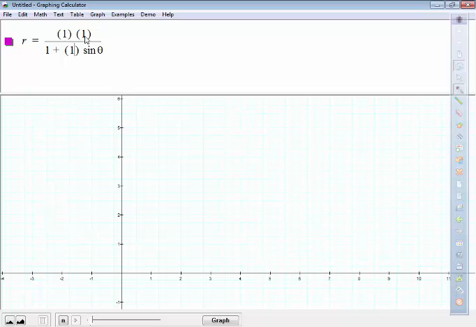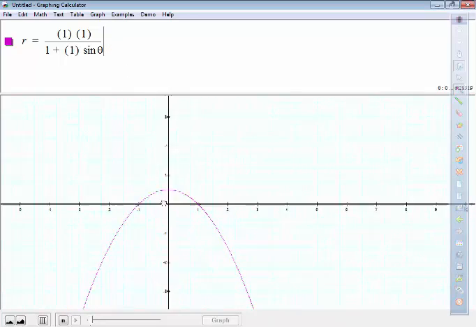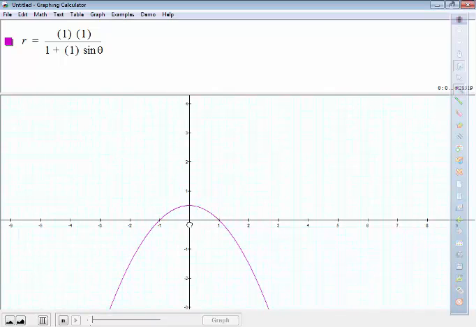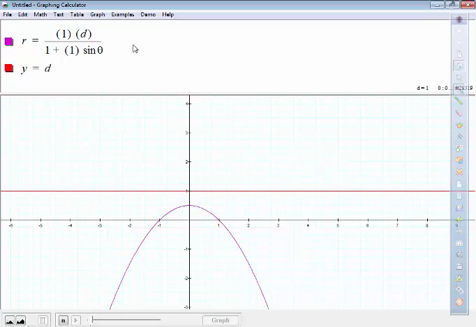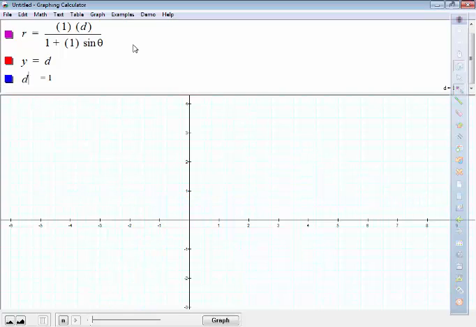It's e times d, and then 1 plus the sine. An interesting thing to do is take a look at families of curves to see what happens when you change the eccentricity or the directrix. So let's call this directrix D, and let's also graph y equals D. And then we'll let D equal a few different values.